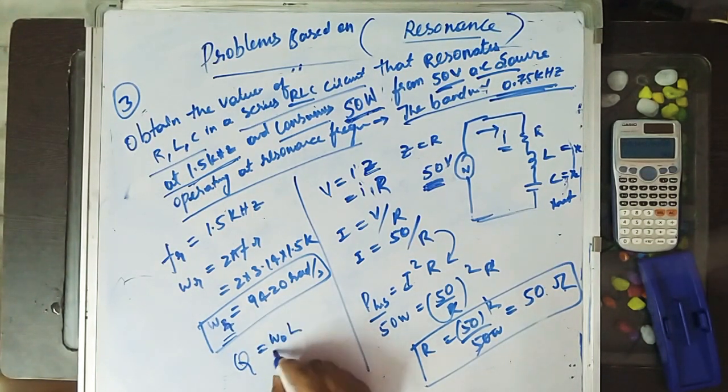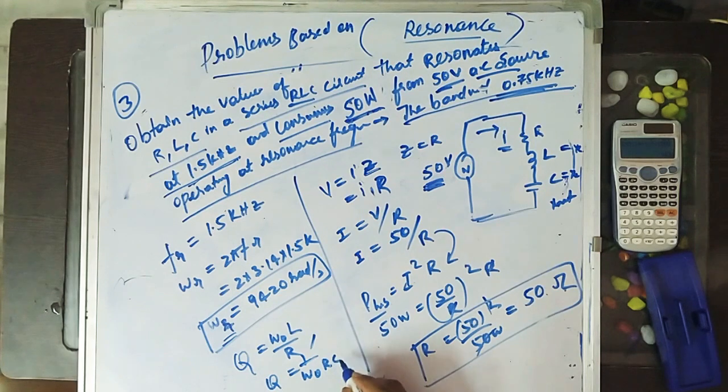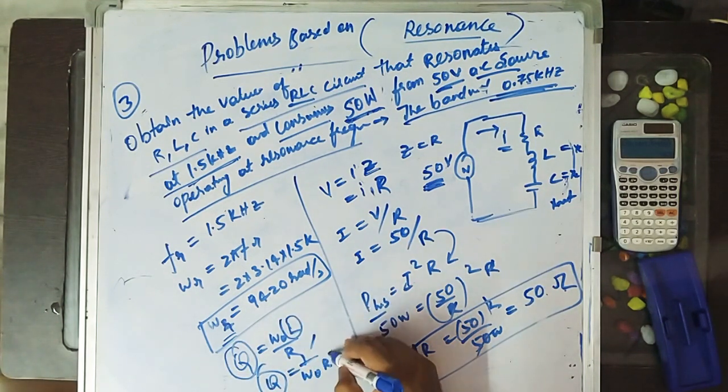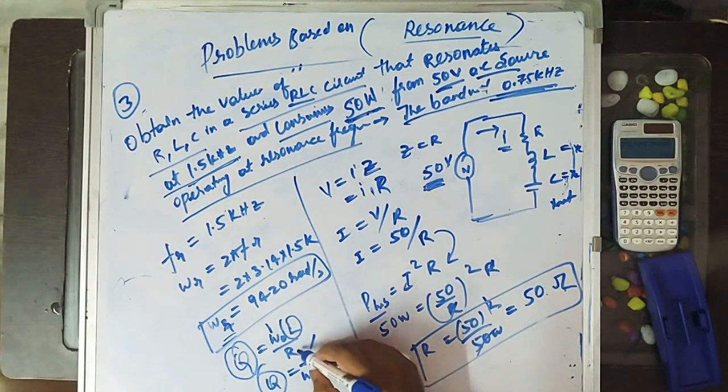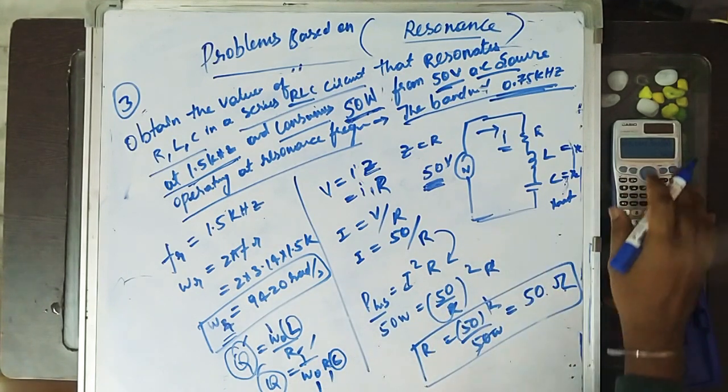Omega naught L by R, and also Q equal to 1 by omega naught RC. So we use this quality factor to find L and C. Why? Because you have the resonance frequency and you have the resistance. By getting the quality factor, you can find L and C.